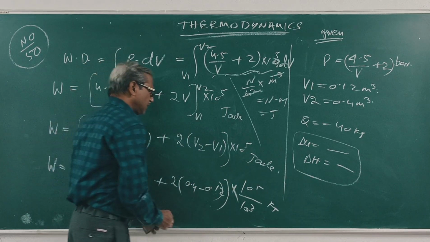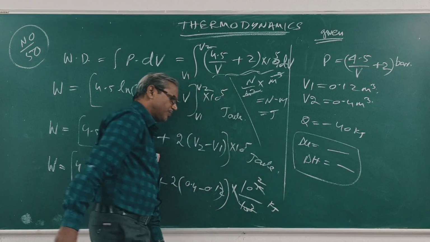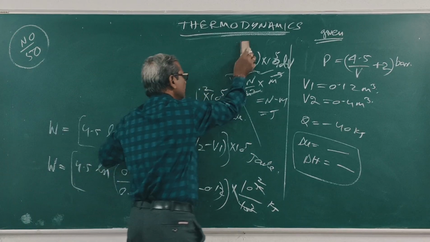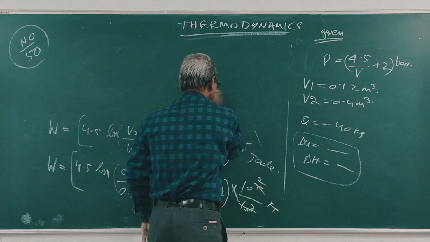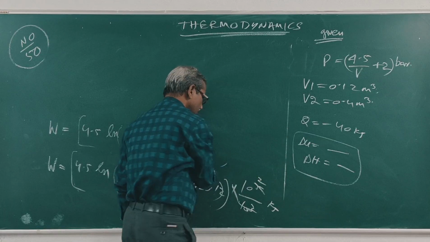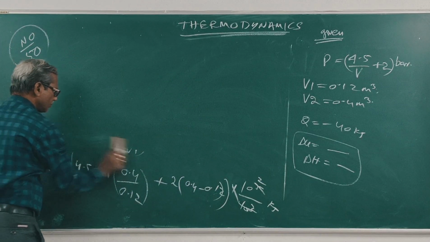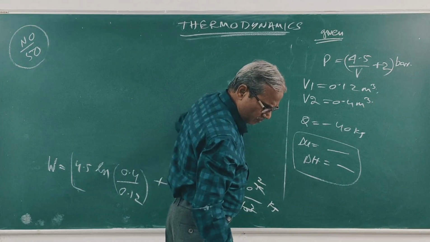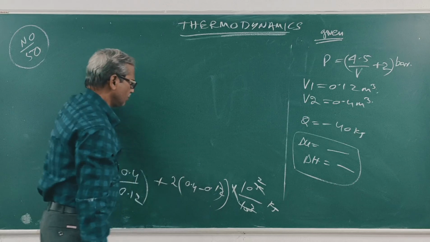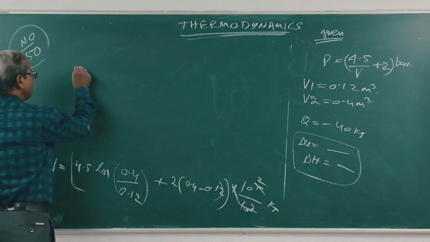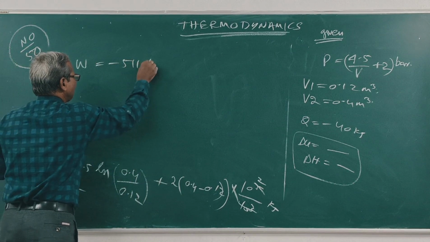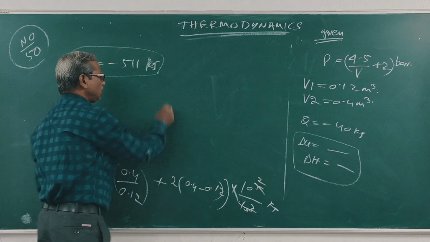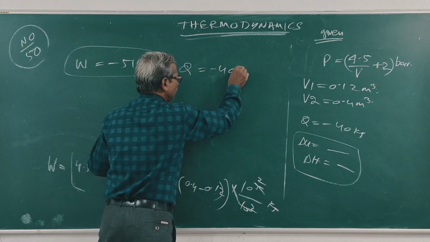Right? The answer is W is equal to minus 511 kilojoule. Q is equal to minus 40 kilojoule.